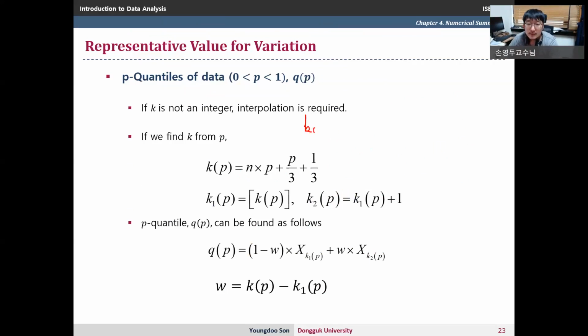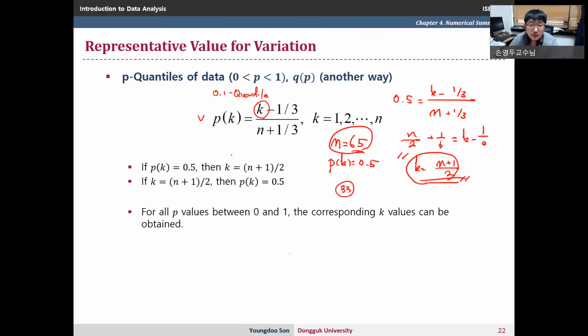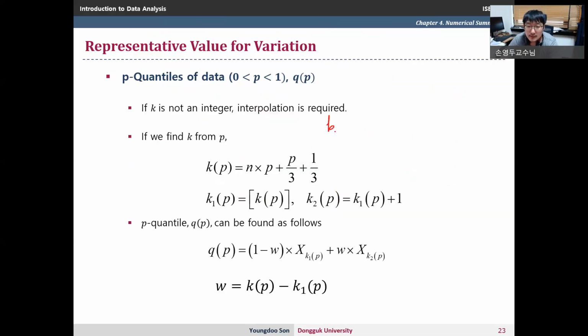If we solve this equation, kp can be calculated like this, p times (n plus 1/3) plus 1/3. So this is generally not an integer. For example, if we get 10.5 for this k, then there is no x 10.5. So in this case, we need some interpolation here.